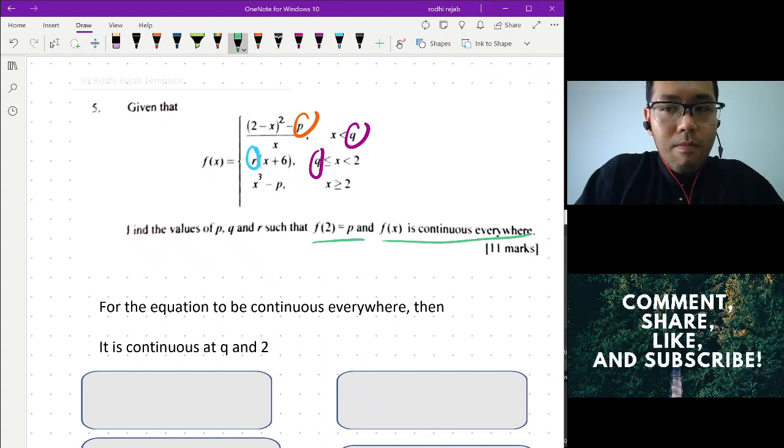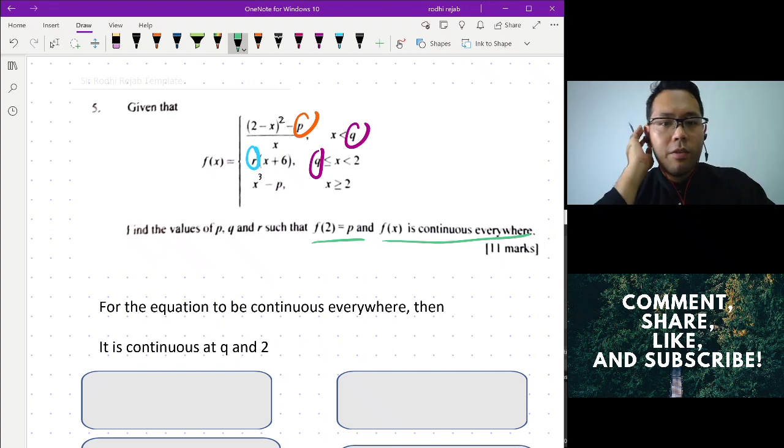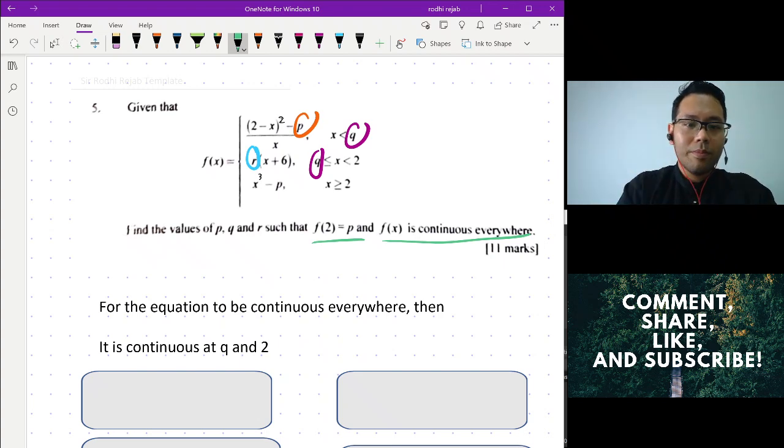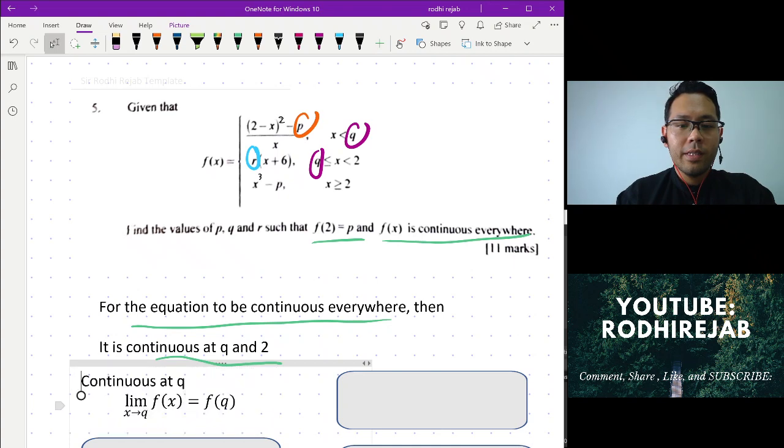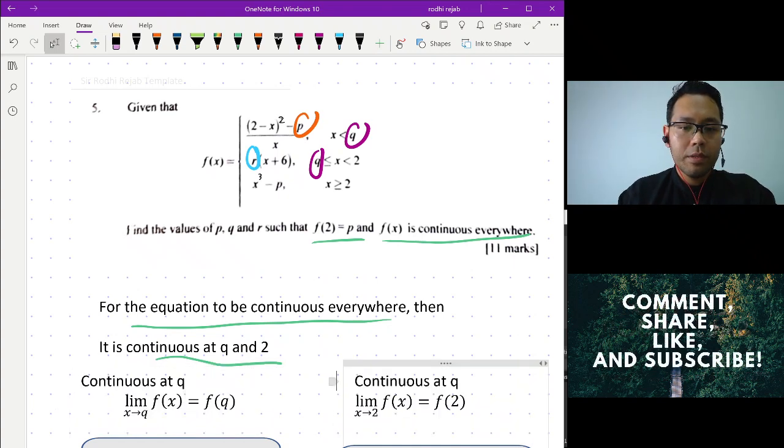So let's begin. Okay, for the function to be continuous everywhere, then it's also continuous at q and 2. Since it's continuous at q and 2, I can declare these two equations, continuous at q, and then, oh sorry, this one is continuous at 2.